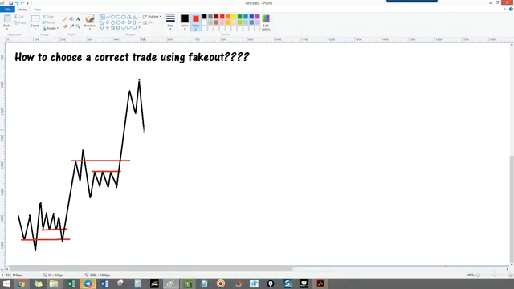This one, what is the move that I want it to be? Do I want it to be QM sell? No. Compression, how do I make compression buy here? All right, I will make compression buy here.